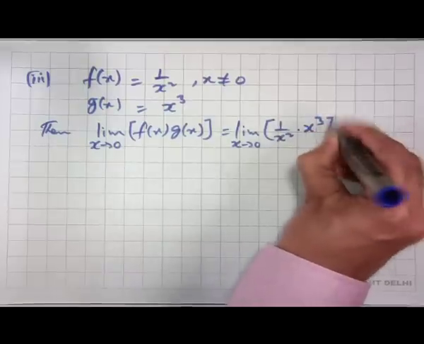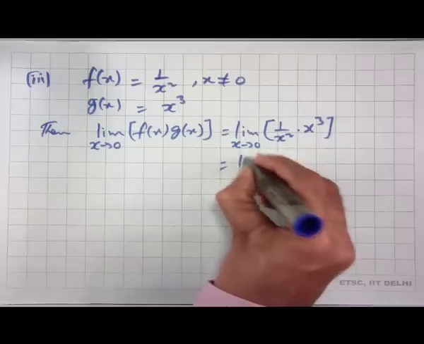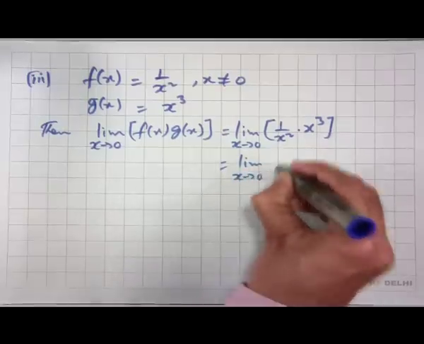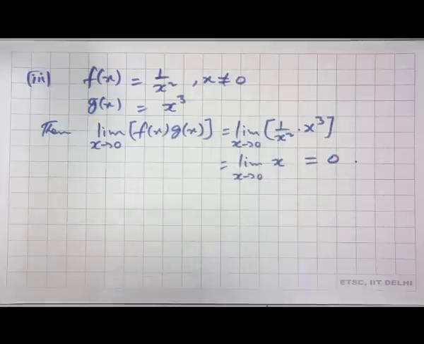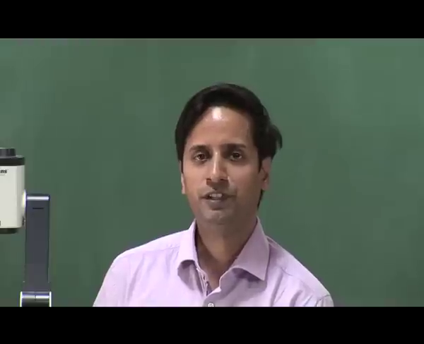So, the product is x, and this limit is 0. So, the limit of infinity times 0 can be 0, it can be infinity, it can be minus infinity, it can be any real number. So, this is again an indeterminate form.